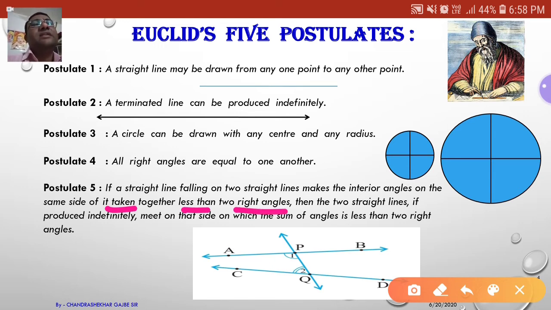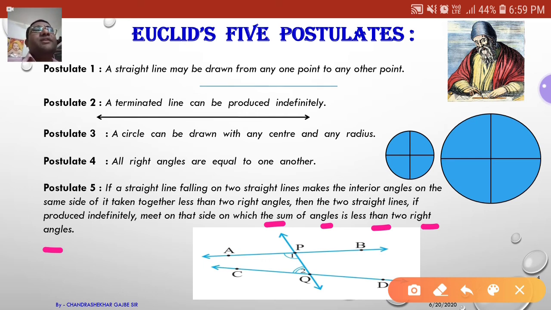When we take less than two right angles, meaning less than 180, then the two straight lines AB and CD, if produced indefinitely, meet on the same side on which the sum of angles is less than two right angles. Two right angles means 180. So the sum of angles is less than two right angles.